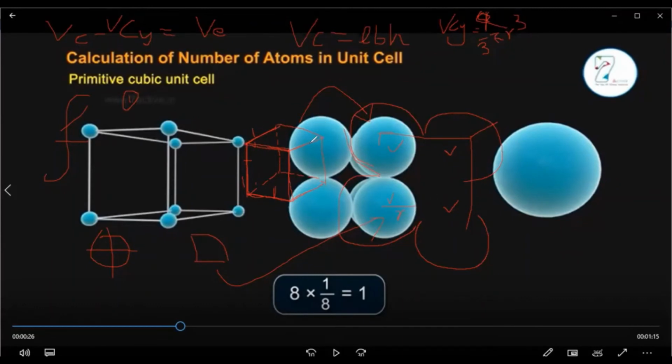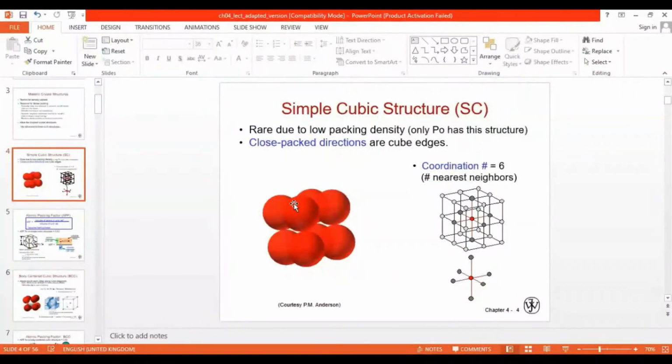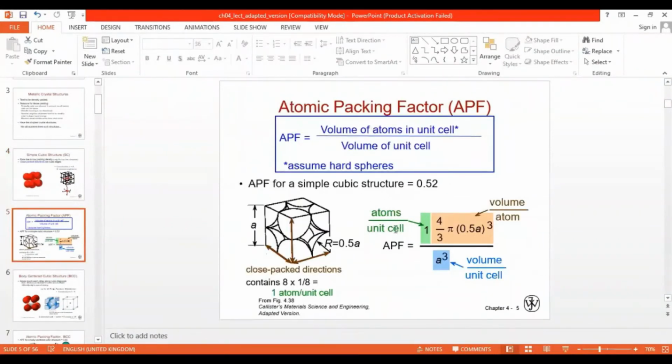So in this one cube, you have 8 pieces of 1/8 of each atom. So now we have 4 plus 4, 8 structure atoms, 4/3 pi r cube.